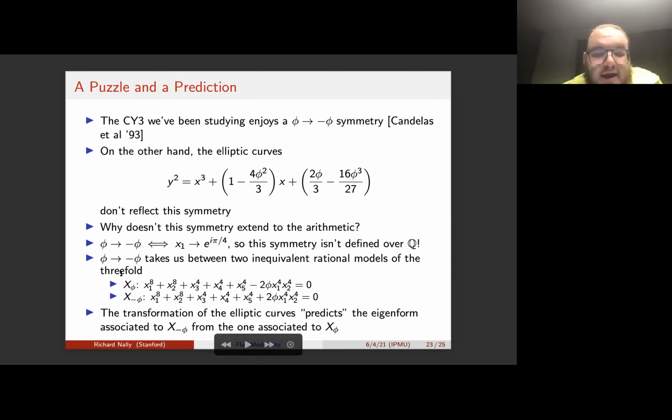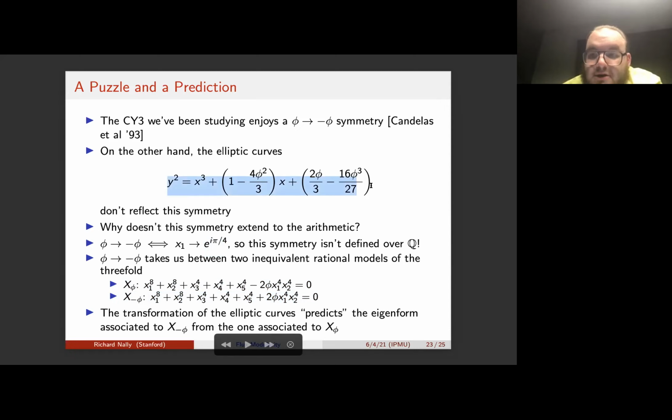Put another way, phi goes to minus phi takes us between two inequivalent rational models for the same threefold. This is the rational model we've been working with, but we could have picked this other rational model, and these two rational models are related by the complex symmetry phi goes to minus phi.